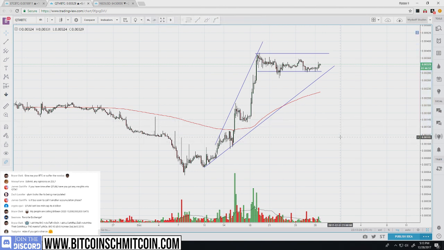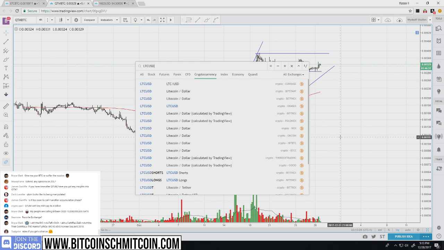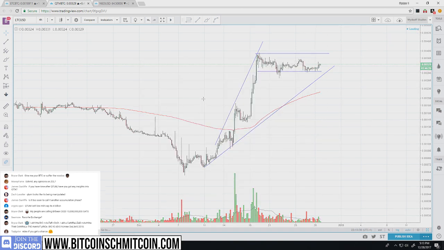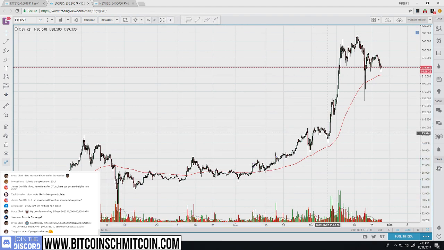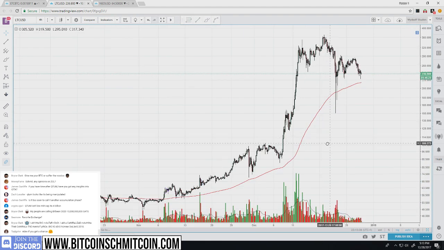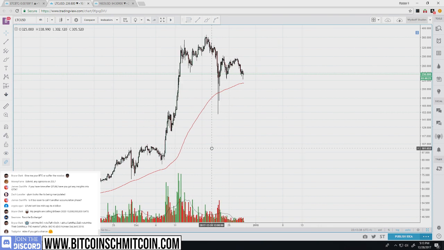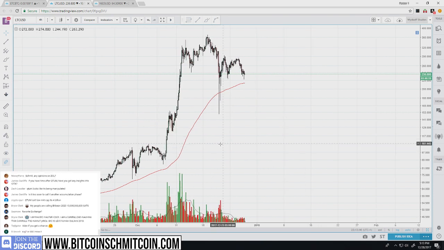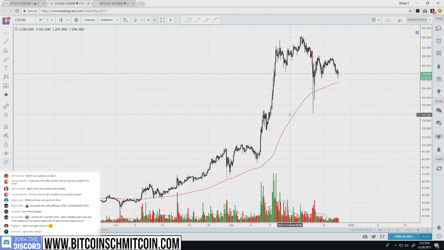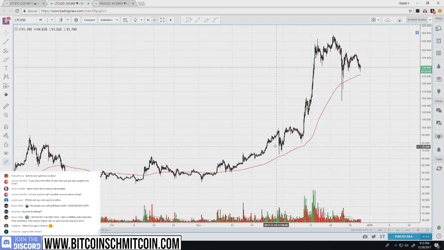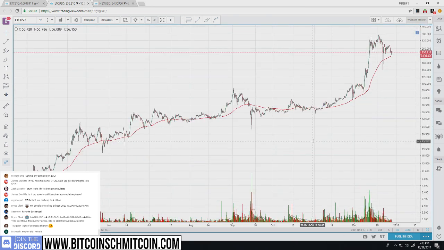So someone from the Discord is requesting LTC USD. Let's look at that. So here's the problem with LTC USD: it tracks whatever Bitcoin does, because it's like a little Bitcoin ripoff. It always tracks it.